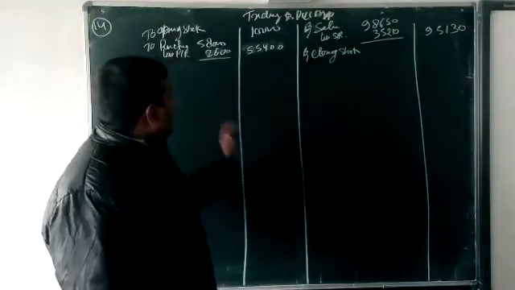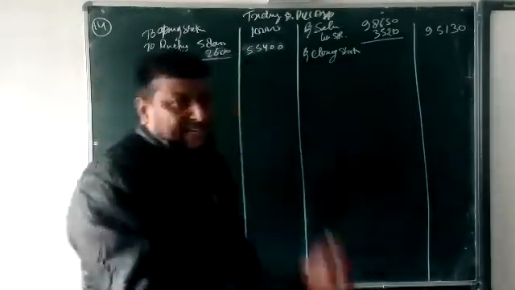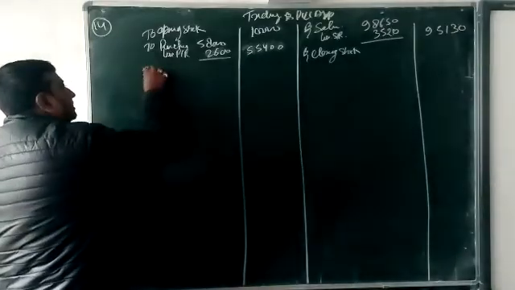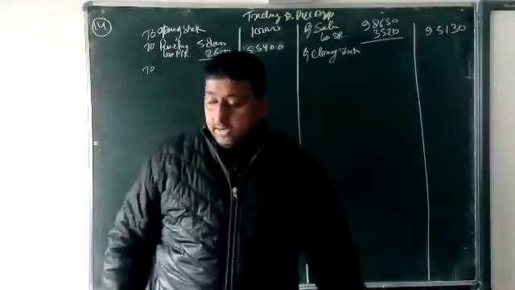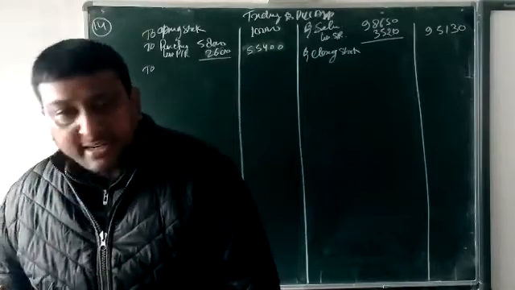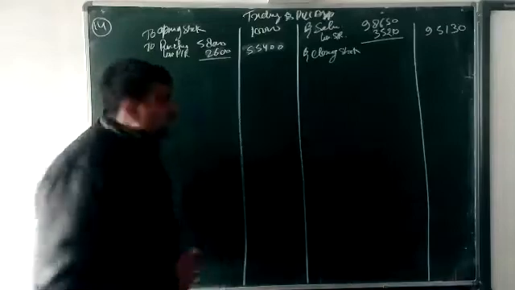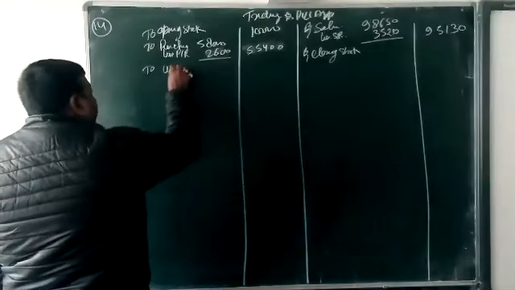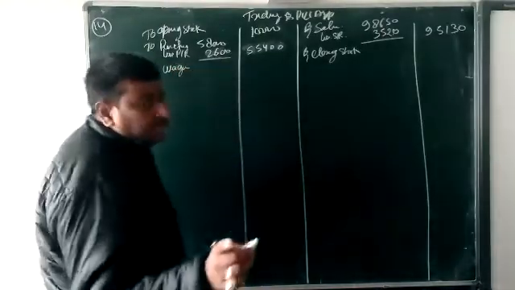Now go and search all the direct expenses. Read the expense side. Read the direct expenses: wages. It's a direct expense. Wages are always used in a factory.